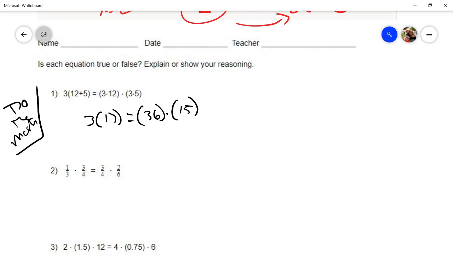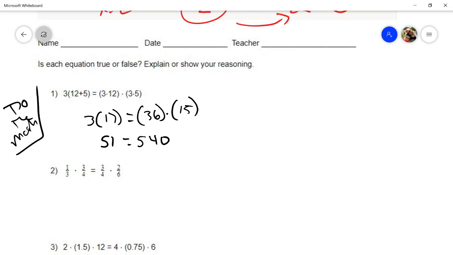All right, now let's keep going. 3 times 17 is 51. 36 times 15 is 540. Is each equation true or false?